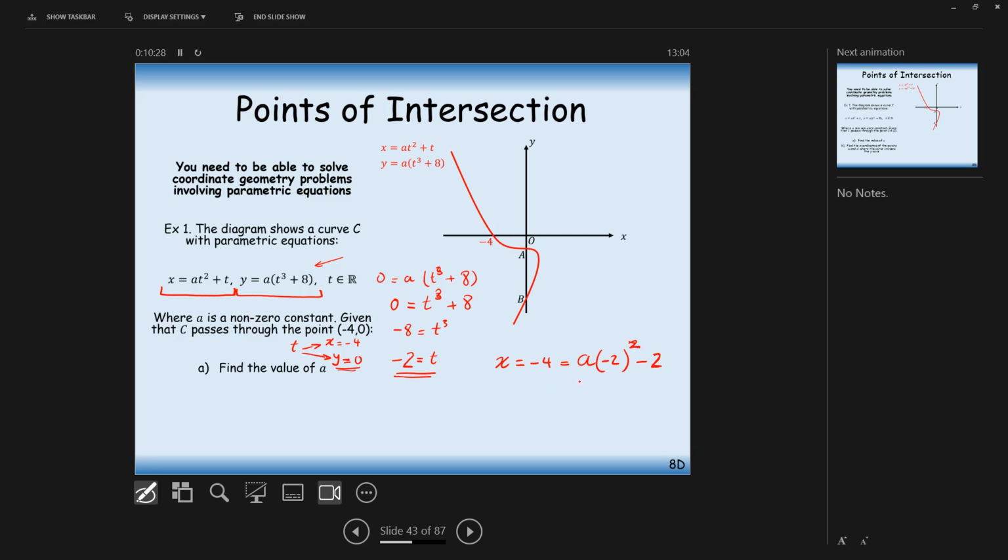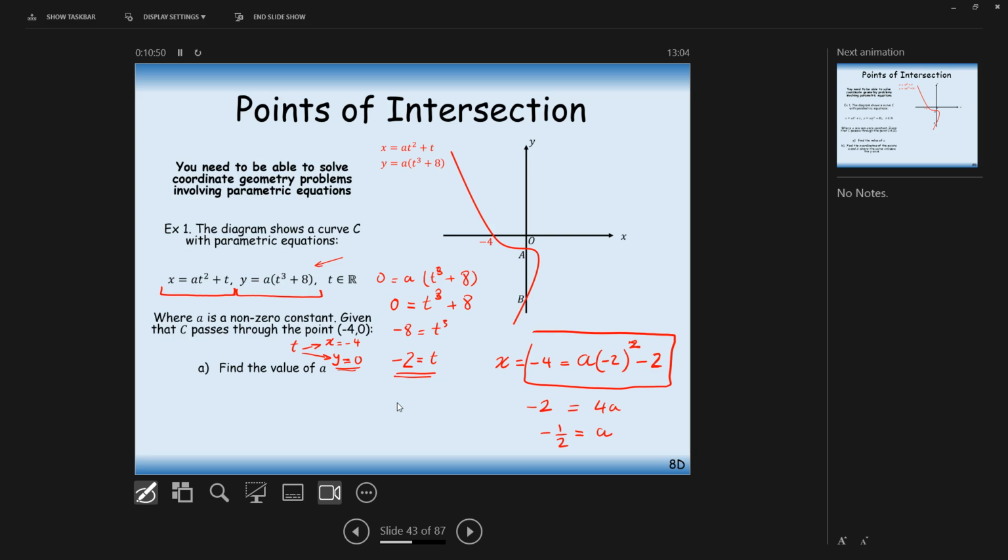So solving this equation for a, we'll take the -2 to the other side. Adding 2 to both sides, we'll have 4a equals -2. Therefore, dividing both sides by 4 will give us a to be -1/2.